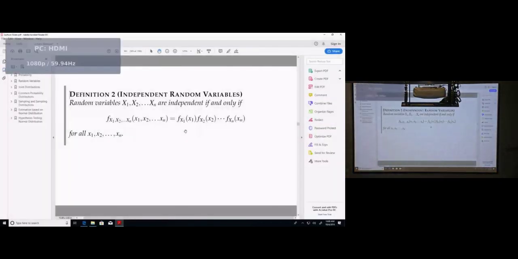Now, the definition of independence is a very neat formula here. This is all the one-dimensional marginals, and if the product of these gives you back the joint probability mass function, then the random variables are all independent.